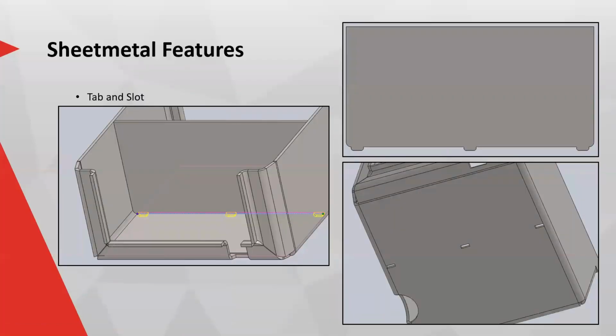And from here, there's just two features that I'm going to show you that we are not going to include in our component, but it's tab and slot. So tab and slot is a nice little feature in sheet metal. With two selections, we can actually create the tab and slot features. So the first selection was this line here. So you'll see it's a purple blue line.